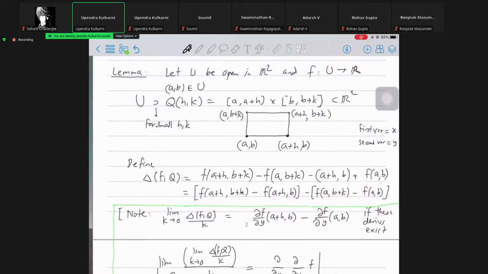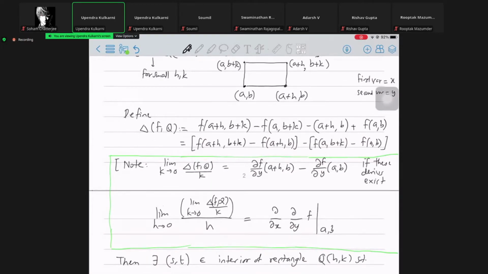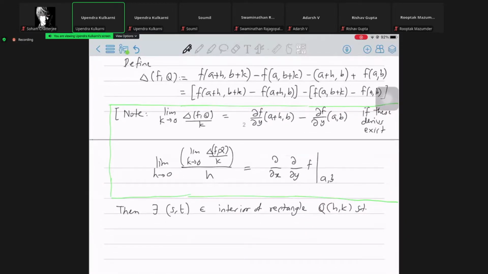Rectangle Q, h, k, such that h times k times, and all of this is really evaluated at s comma t. All right.